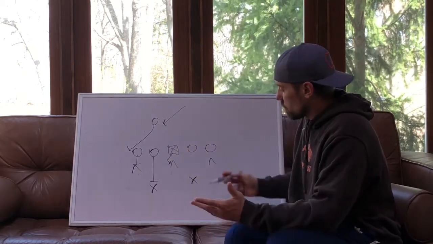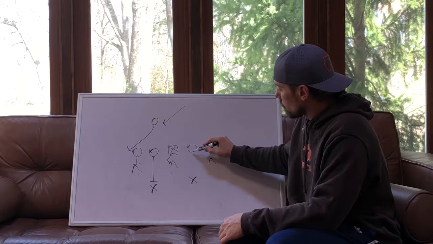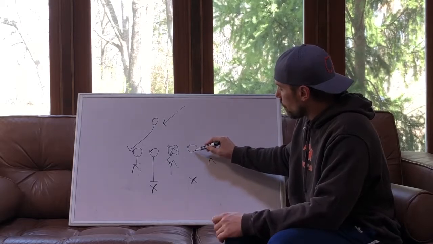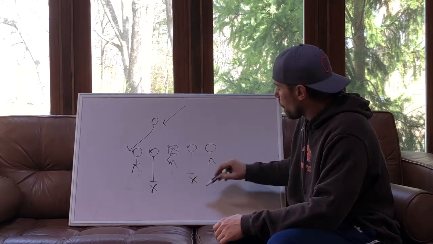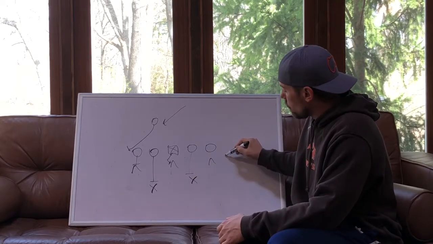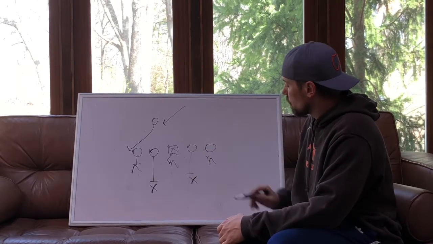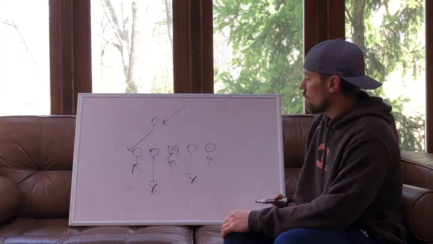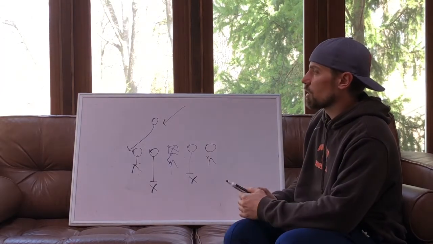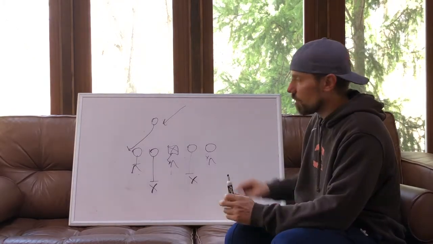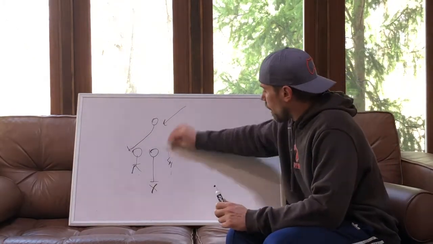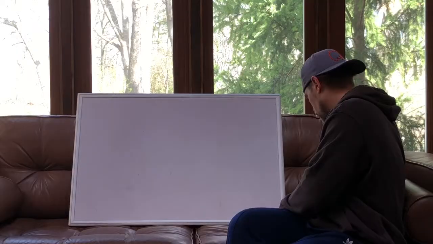Second level. Doesn't matter. He already met his criteria with on. Backside gap, no. On, no. Second level. Backside gap, no. On, yes. That would be a progression blocking scheme. You'll hear that a lot in youth football. In, on, down, in, on, down, in, on, down. If you've ever heard that, that's a progression scheme.